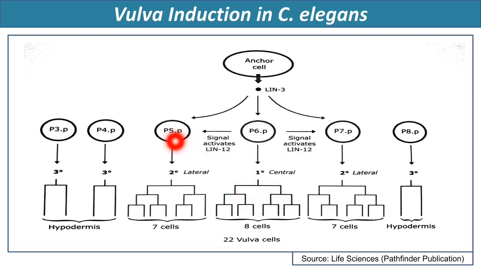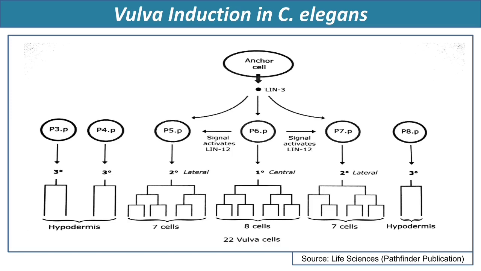Now P5.p and P7.p, these 2 cells present adjacent to P6.p, will get a moderate concentration of lin-3 and develop into secondary or lateral cells, which will later give rise to 7 cells each. So finally 8 from the primary cell and 7 from each lateral cell will form the 22 vulva cells.